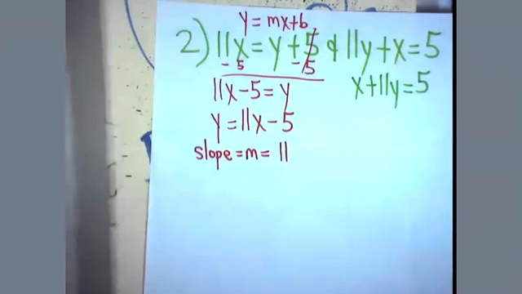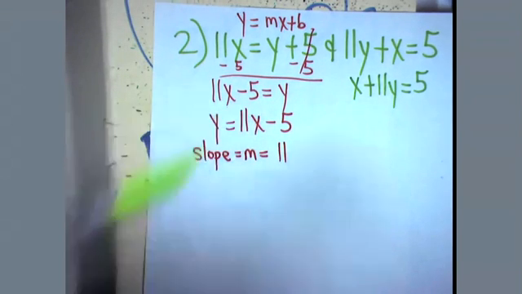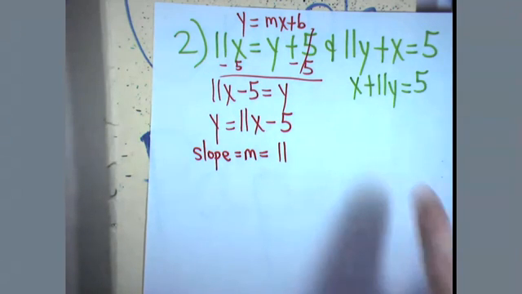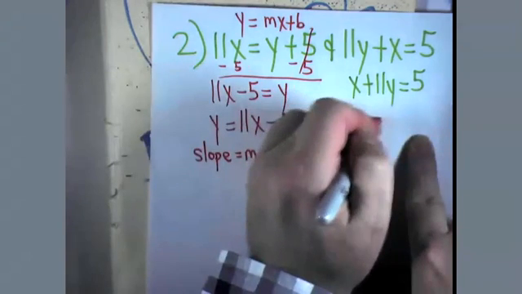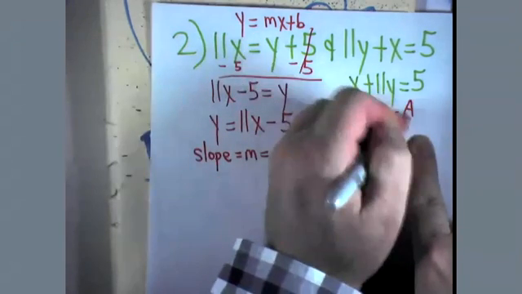Now, the second equation, we don't have to solve for y or get it in slope-intercept form. We can use our shortcut slope formula. So write down your formula, m equal to negative a over b.